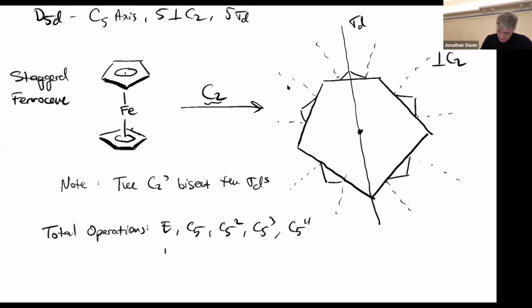We have 5 perpendicular C2s, we have 5 sigma Ds. Anything else? Anybody see something else?